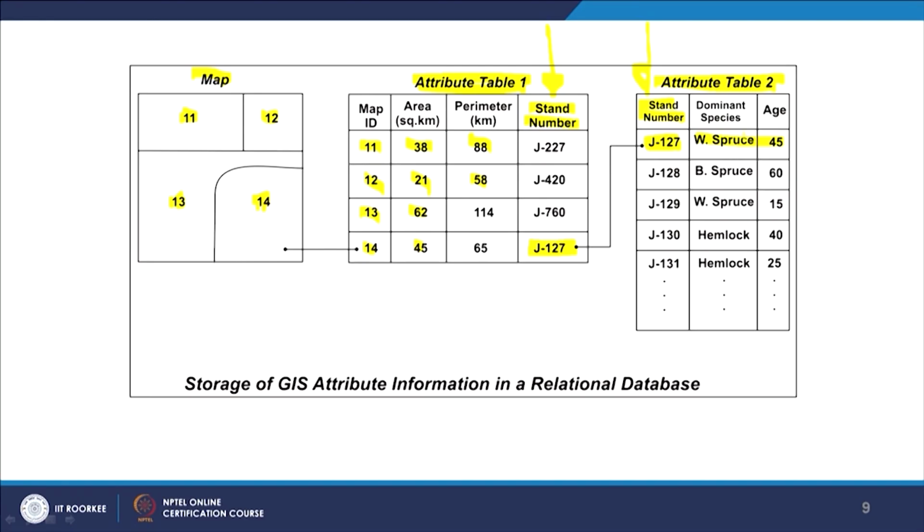The rest are not getting related. There might be a scenario where all rows of table 1 get related with table 2 also. So this is how the relationship between 2 tables or 2 databases can be established very easily.